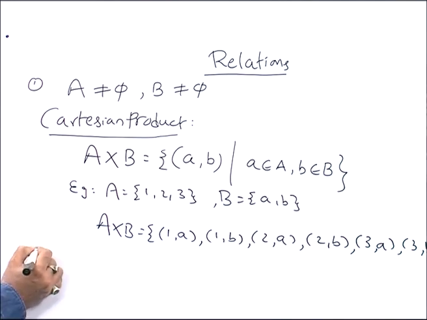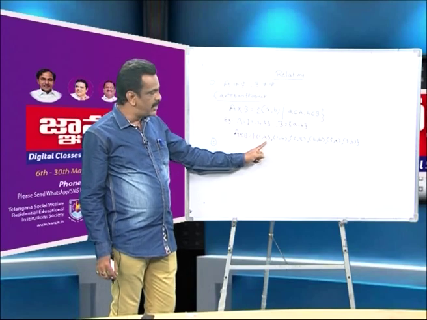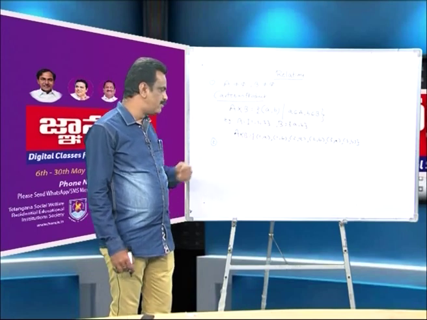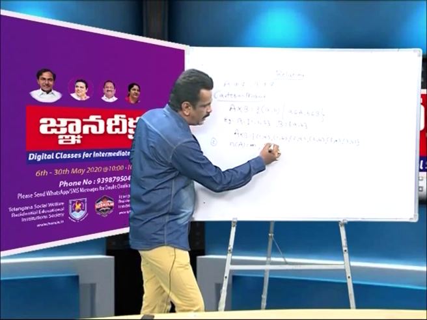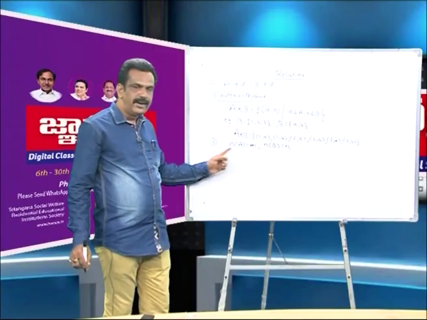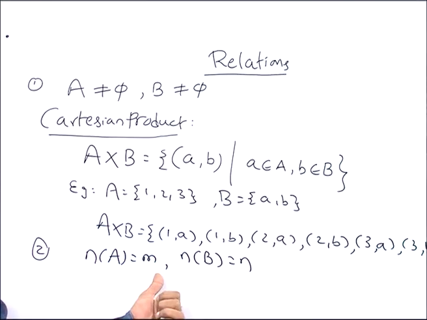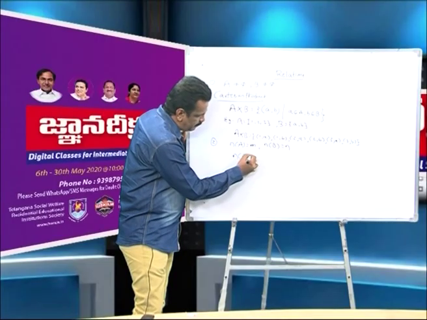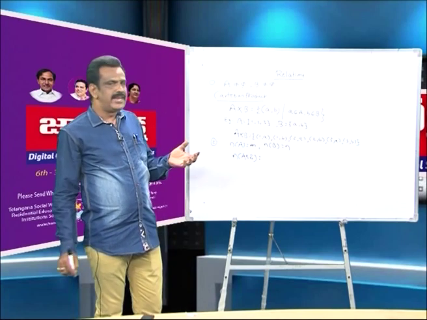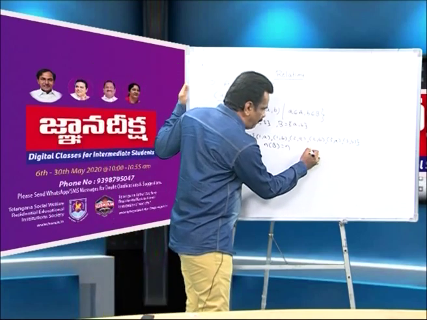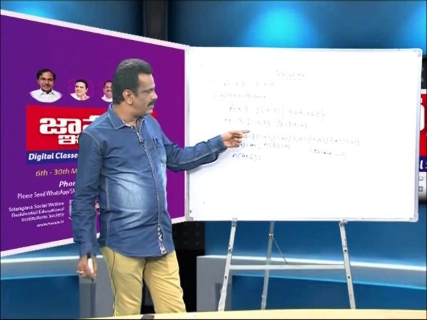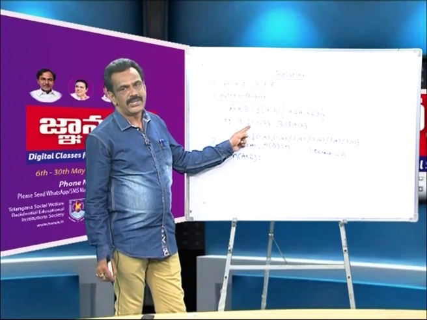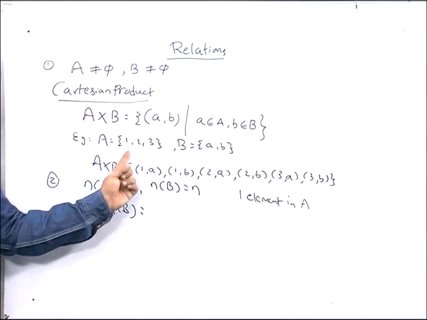The next point here is the number of elements, or number of ordered pairs, in the set A cross B. For that, I am taking n(A) equal to m and n(B) equal to n. So A and B are respectively containing m elements and n elements. In that case, what about n(A cross B)? We can apply here a simple technique. One element, if you take in A, as in the example I took 1 and paired with each and every element of B, so (1, a), (1, b) like that.